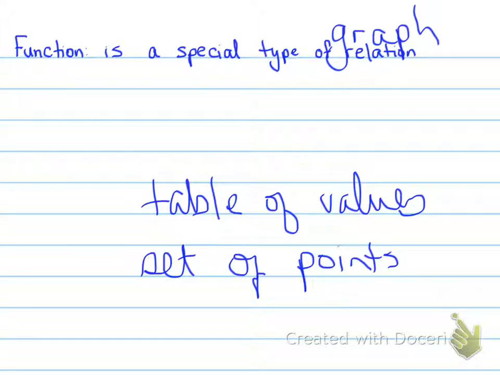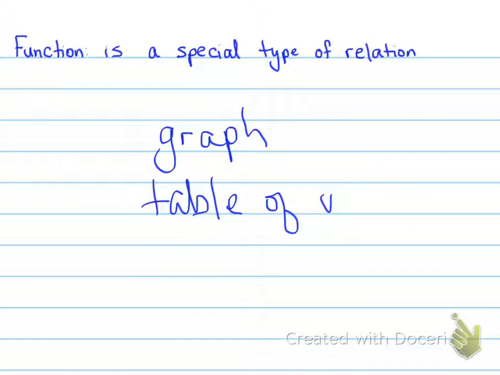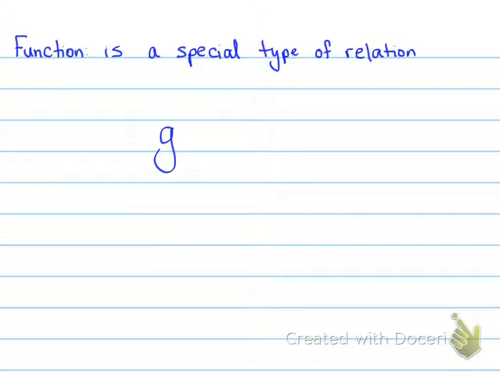Now, how does that help us? Well, a function is a special type of relation. So a special type of graph, table of values, special type of set of points. What makes it special? Well, let's see. The definition of a function is where for every x, okay, every x, there can only be one y.